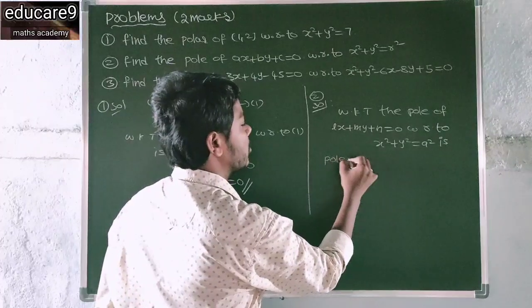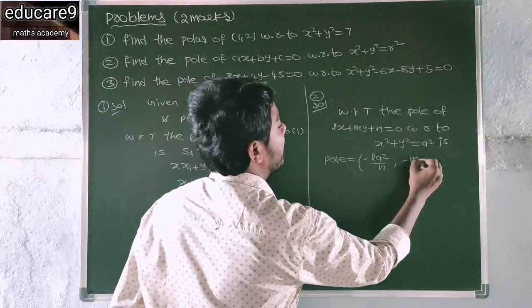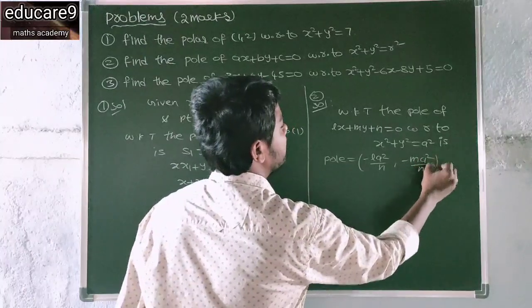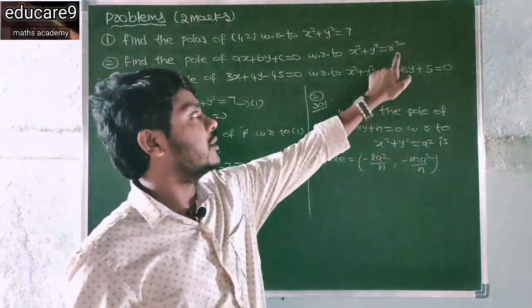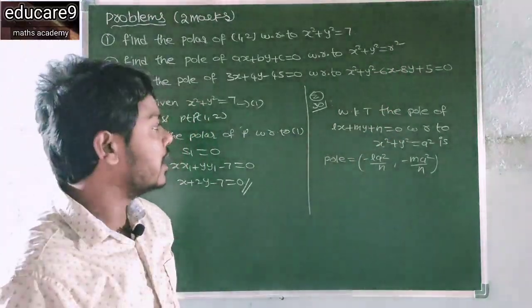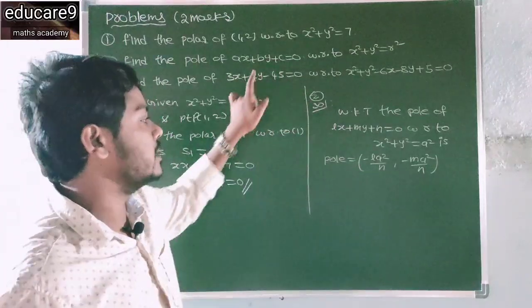Pole is equal to minus la square by n comma minus ma square by n. But here a is what? Radius of the circle, that is r, and l is a, m is b, n is c.